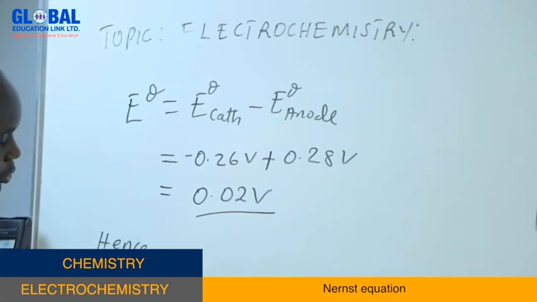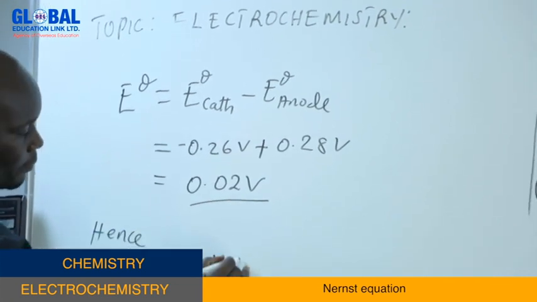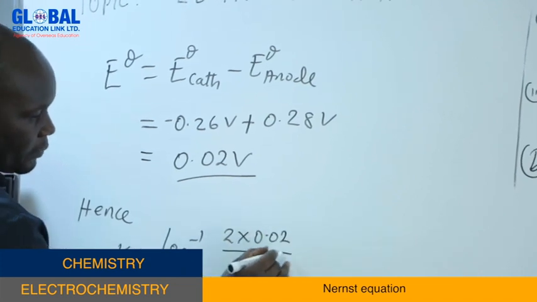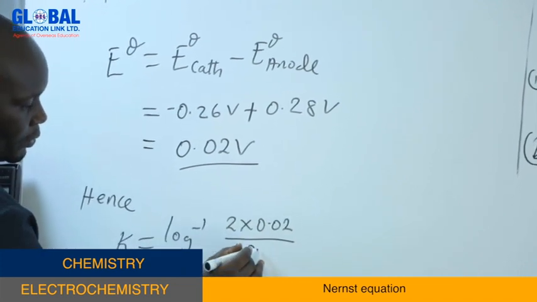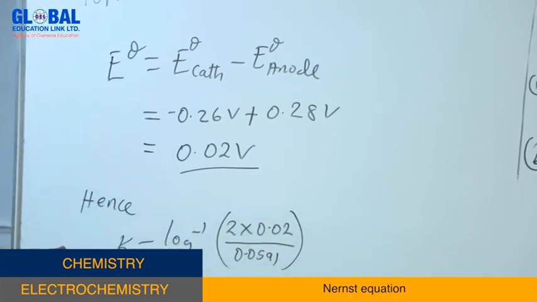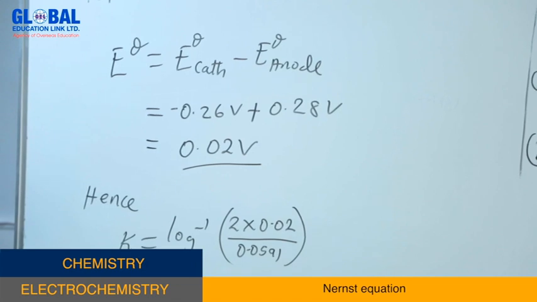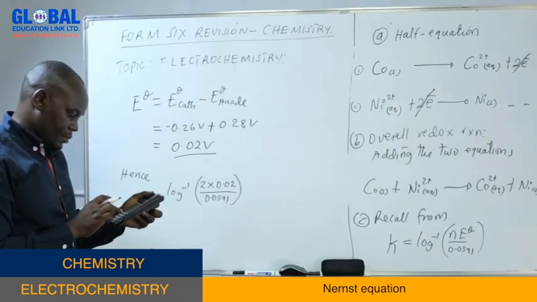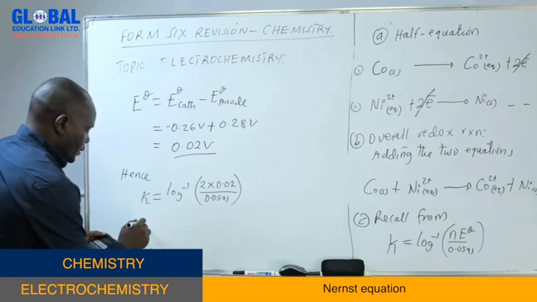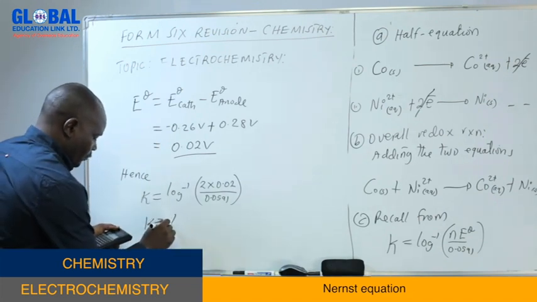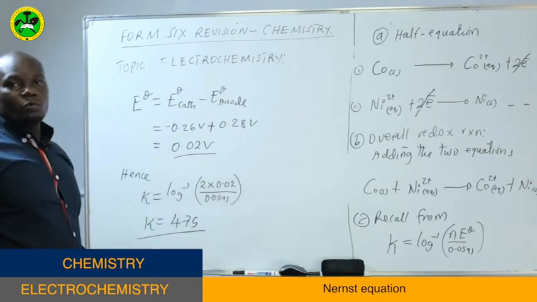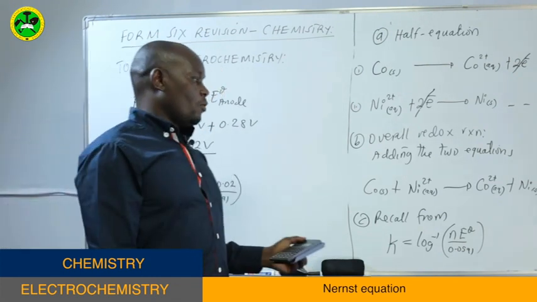Then if you use your calculator, my dear student, it will be so simple. 2 times 0.02 divided by 0.0591. Then take the log inverse of your answer. You'll get K equals 4.75. So that will be the equilibrium constant of our cell.